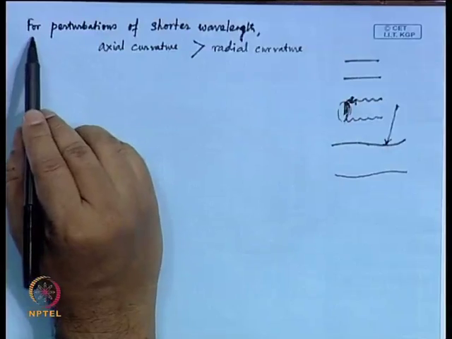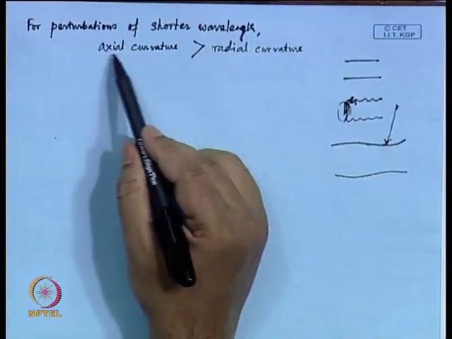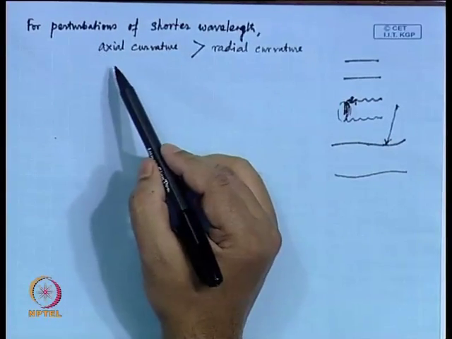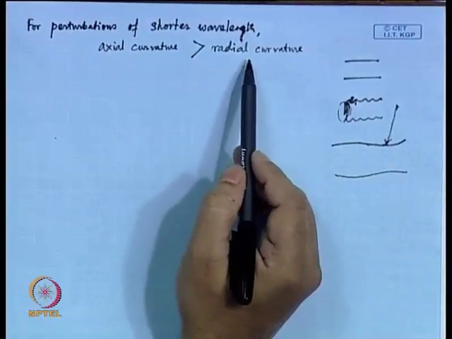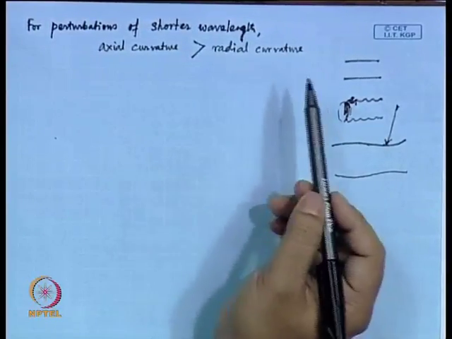So, we are trying to conclude that for perturbations of shorter wavelength, the axial curvature, which is the reciprocal of the radius of curvature, is greater. So, the axial radius of curvature is less than the radial radius of curvature.